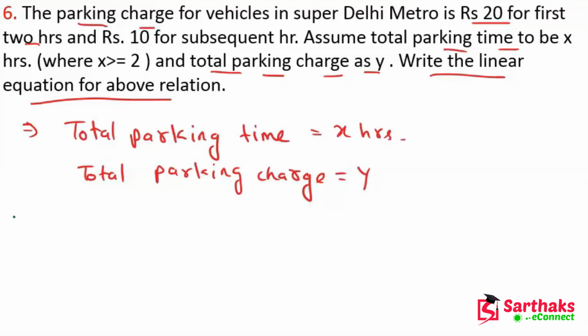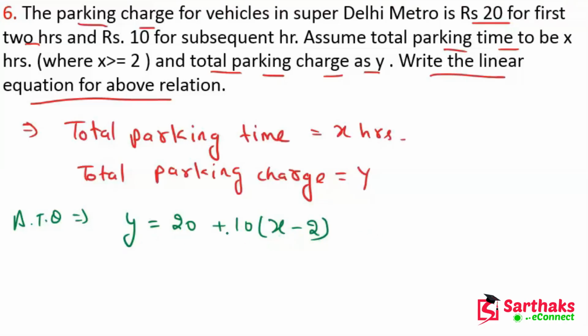According to the question, we can write y is equal to 20 rupees fixed for 2 hours, because x is always greater than or equal to 2, meaning every vehicle stays for a minimum of 2 hours. So 20 rupees is a fixed charge. Now plus 10 rupees for subsequent hours, meaning we have to write 10 into x minus 2. I hope you understand these things.